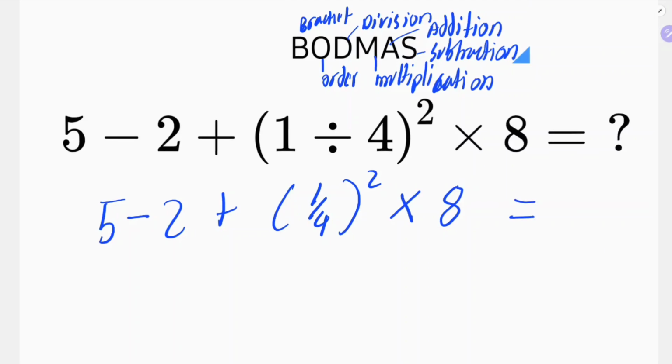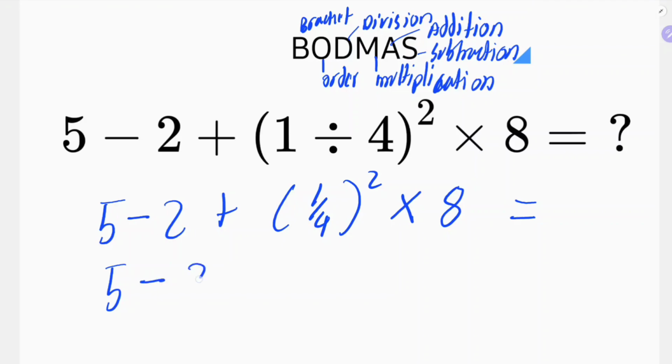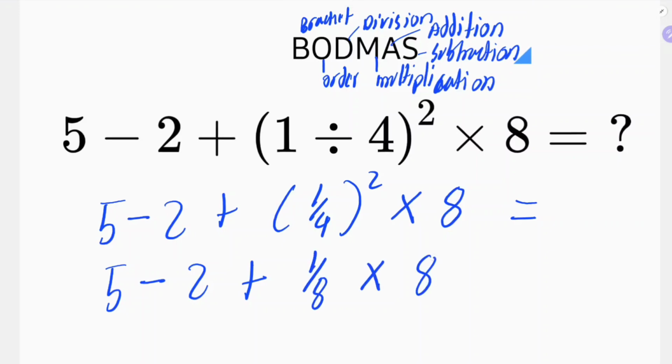In BODMAS again, you see that the next thing that comes up is order. So we have to now work on the order, which will be 5 minus 2 plus solving our order. It's going to give us now 1 on 8 times 8, is equal to, we still don't yet know the answer.